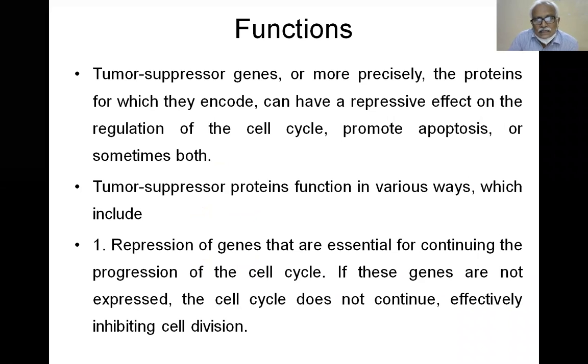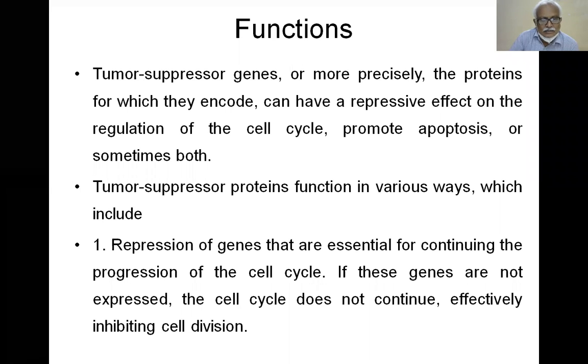So tumor suppressor genes are more precisely the proteins. There are so many proteins produced by these genes. That's why, more precisely, we call them the proteins for which they encode. They have a repressive effect on the regulation of the cell cycle, and they promote apoptosis, or sometimes both.